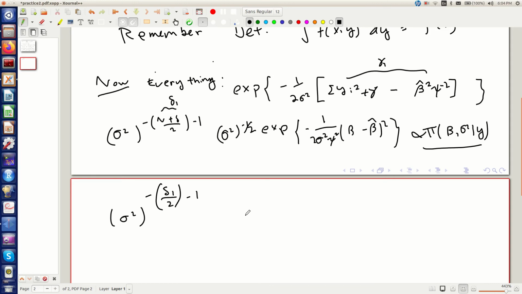Minus 1 and this one. The exponential terms, one and the other one.